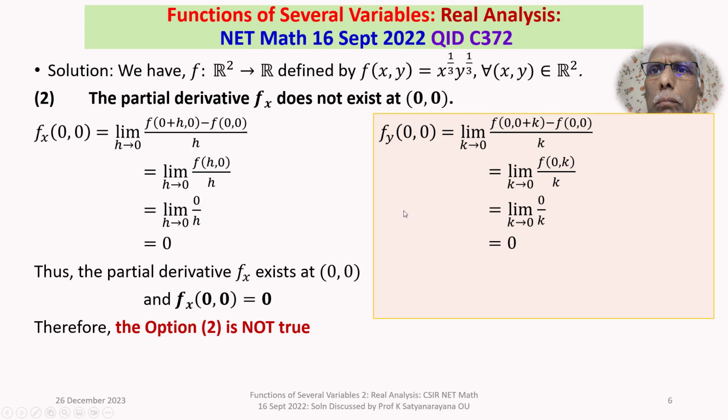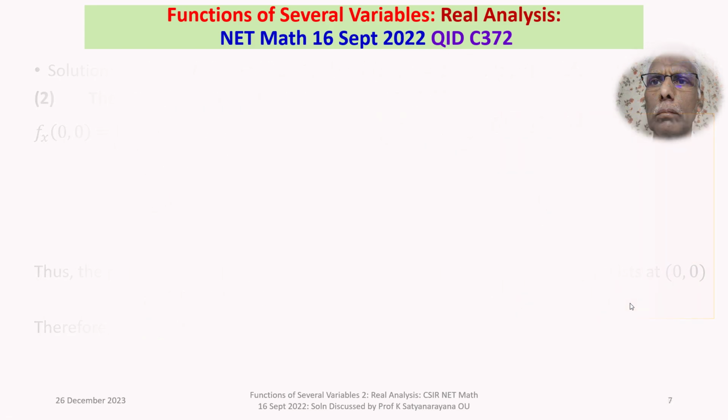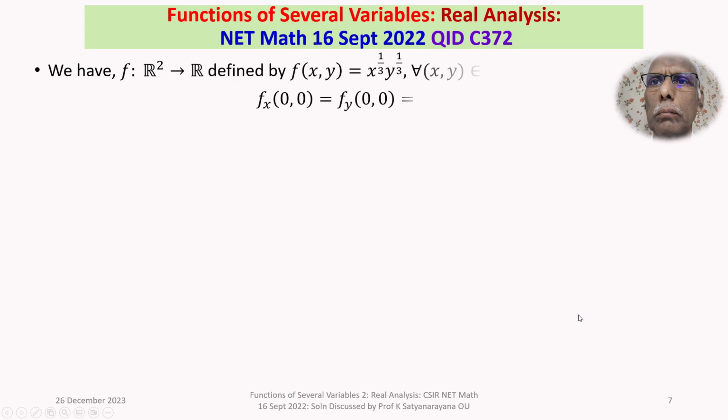Thus the partial derivative f y exists at 0, 0 and f y at 0, 0 is equal to 0. We move on to the next option. We have already calculated the partial derivative with respect to x and with respect to y at 0, 0 and each is equal to 0.